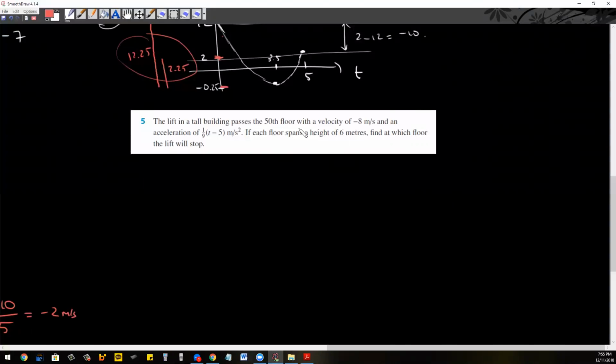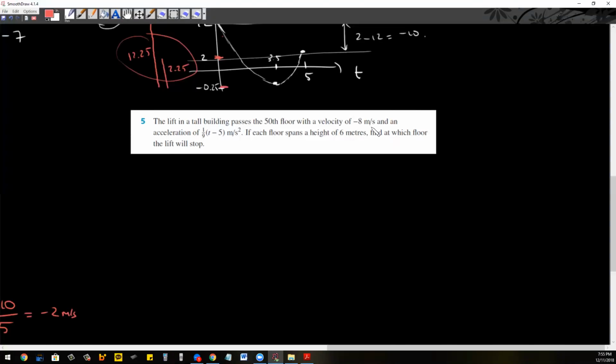Okay, so it passes the 50th floor with a velocity of this much and an acceleration of this much. If each floor spans a height of 6 meters, find at which floor the lift will stop. So it seems like there is not enough information provided, so I think we have to make some assumption.